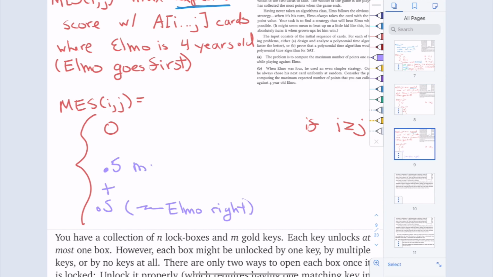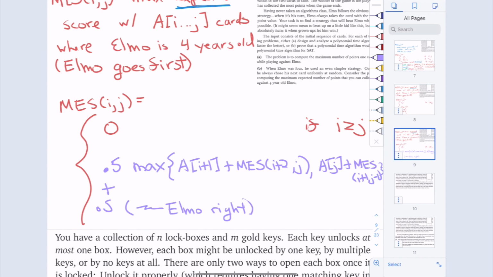So you would do 0.5 times the max of, like you guys just did, since Elmo already took I, A[I+1] plus the result for I plus 2, J. Or you would consider taking the last one, which would be A[J] plus the result for I plus 1, J minus 1. This I would consider too hard for the exam, but I thought it was interesting.